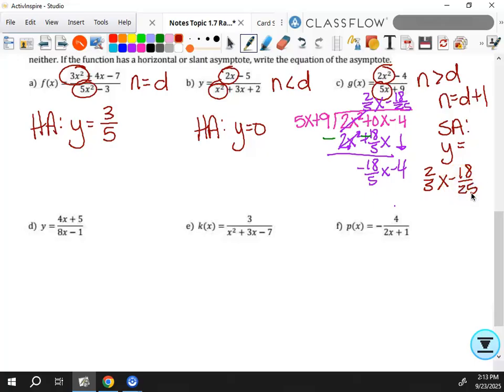Now, that one is kind of purposefully ugly. I left it ugly so that we could actually do that because we were asked for the slant asymptote. Here's some good news. The great majority of the time in AP Pre-Cal, we don't really even care about the line. You know how we don't care about the remainder? We don't care about the whole line. Now, we care about the line in general, but I don't need this specific line.